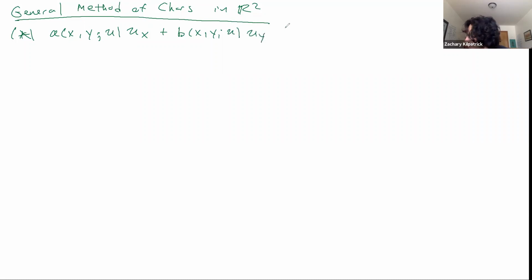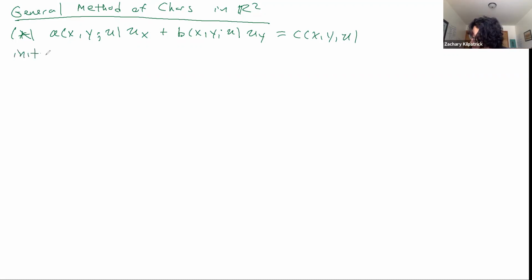I'm going to make the independent variables x and y in this case. It could be x and t. And your right-hand side could be any nonlinear function, potentially, of x, y, and u.